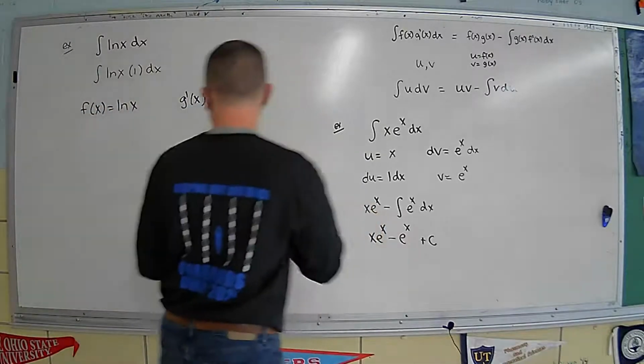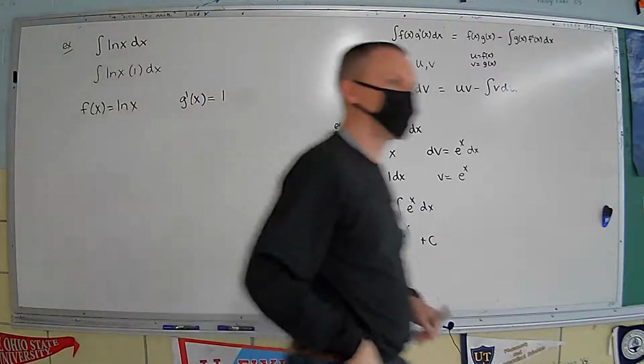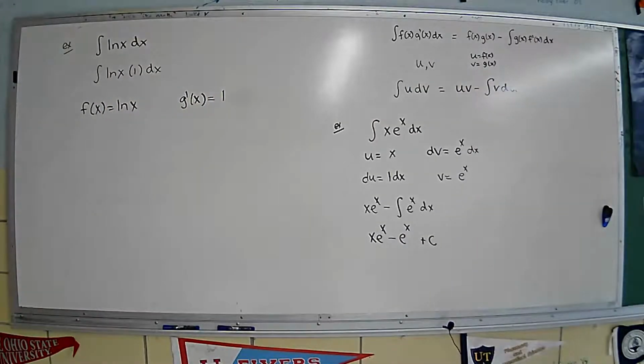Or let's just put 1 there. Natural logs make great choices for f. In almost any problem involving a natural log, that's going to be your f, or your u.